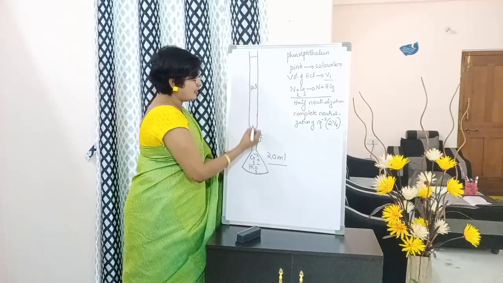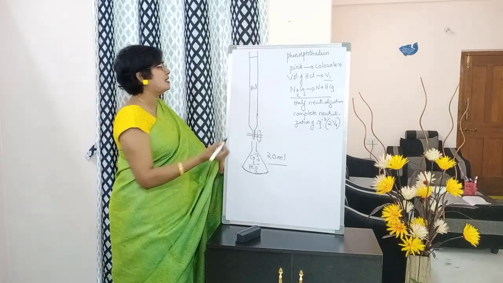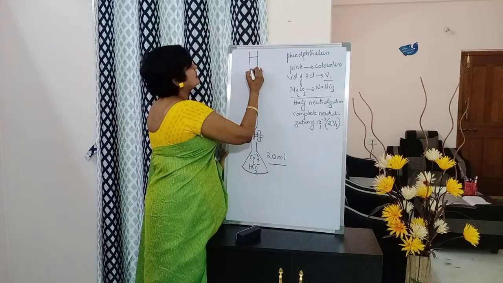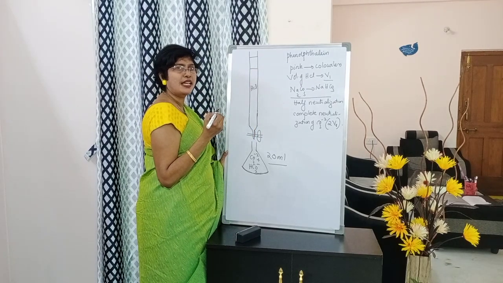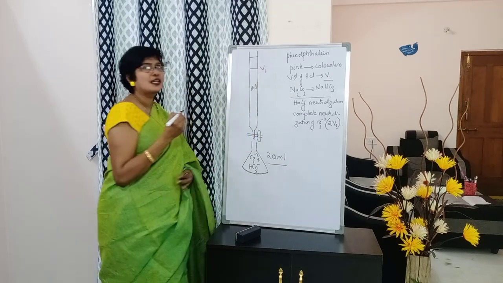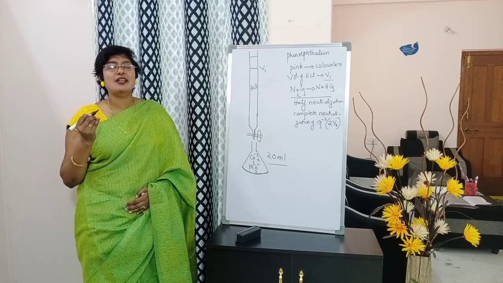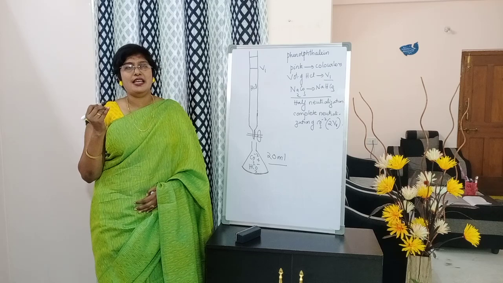We started using HCl. Na2CO3 is converted into NaHCO3. For example, this much is used for the conversion of Na2CO3 to NaHCO3. So this value we will note down as V1. Okay. So what does V1 indicate? Half neutralization or semi-neutralization of Na2CO3 to NaHCO3.